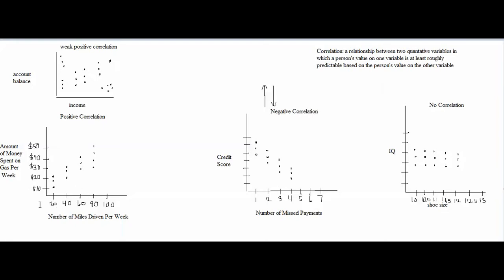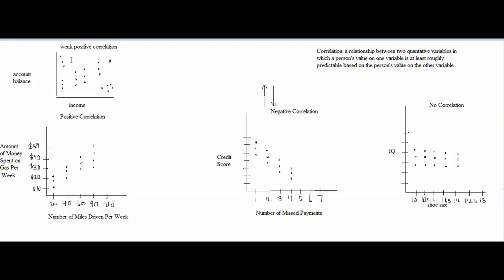And if you do a lot of driving, you're almost definitely not going to be down here, meaning you're almost definitely not going to be spending only a little bit on gas if you're doing this much driving. So we're not going to have as many people in these corner areas down here and up here.